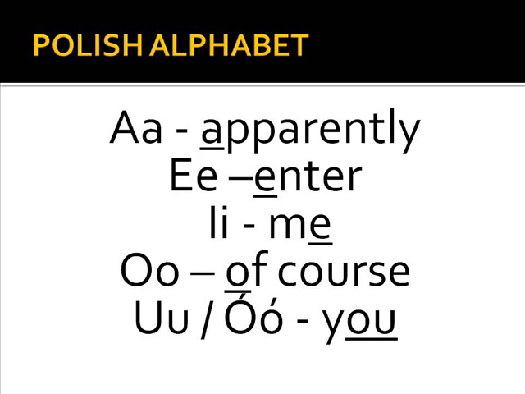All right. And then you have letter U, which stands for the word you. Of course, it's U. Not exactly the same sound, of course, but U. And then, as you can see, letter O with this slash over it represents the same sound. So it's only about orthography.